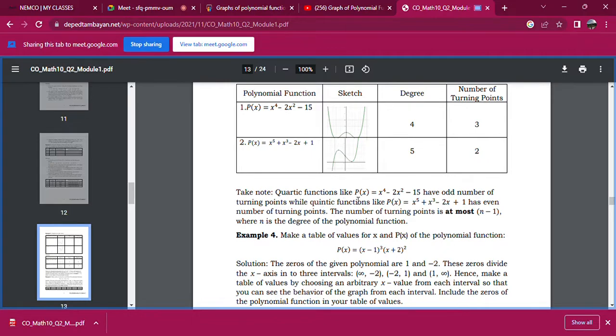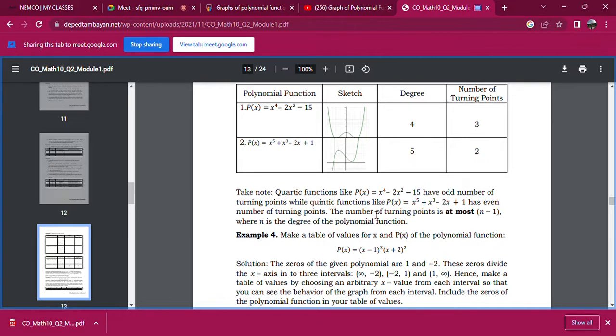So, quartic functions like x to the power 4 minus 2x minus 15 have an odd number of turning points, while quintic functions like x to the power 5 plus x cubed minus 2x plus 1 have an even number of turning points.